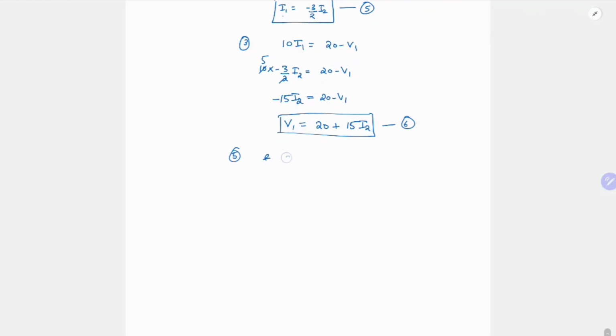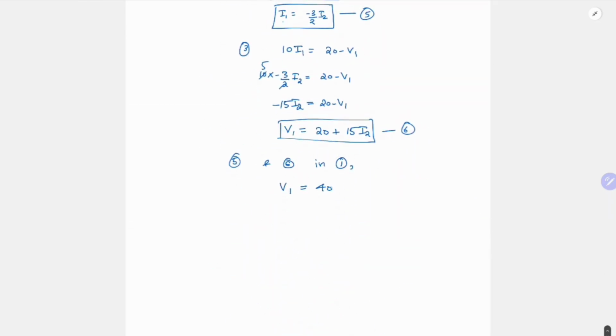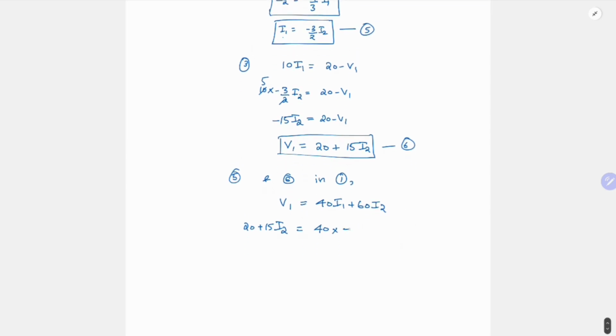So 5 and 6 in 1. Equation 1 is V1 equal to 40 I1 plus 60 I2. V1 is 20 plus 15 I2, and I1 is minus 3 by 2 I2.